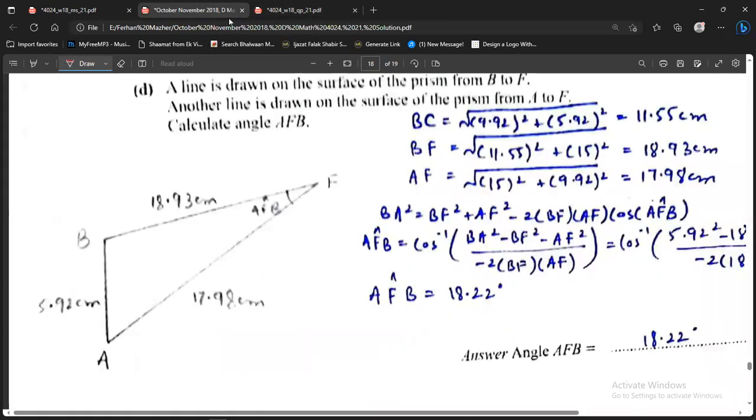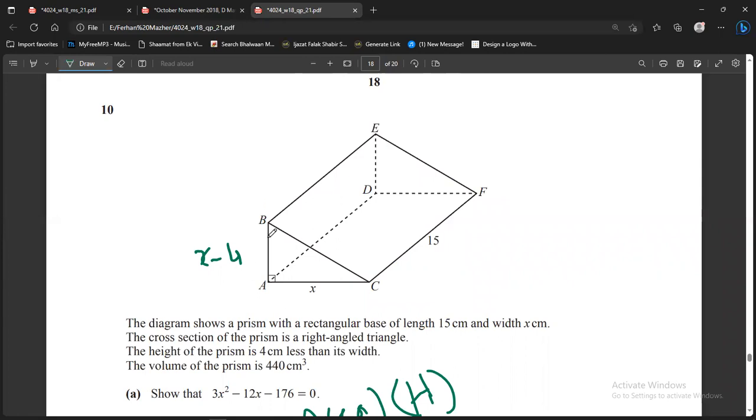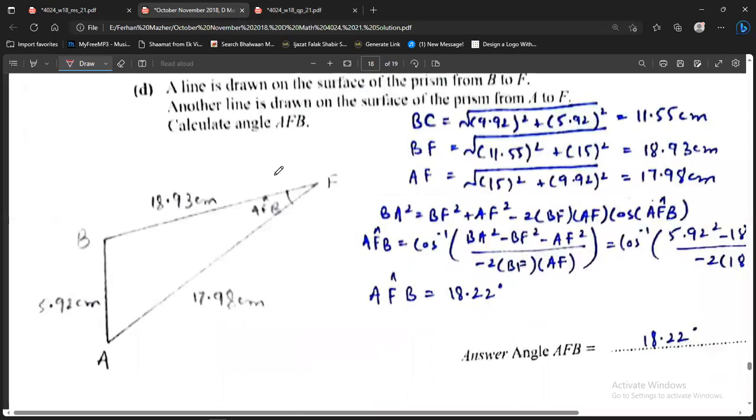So the BC will be this. This is a right angle. So BC is hypotenuse. So the BC will be the square root of 9.92 square plus 5.92 square, and that will be 11.52. So I know the BC value.